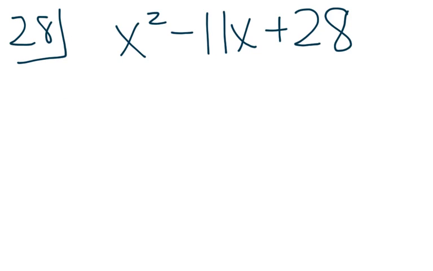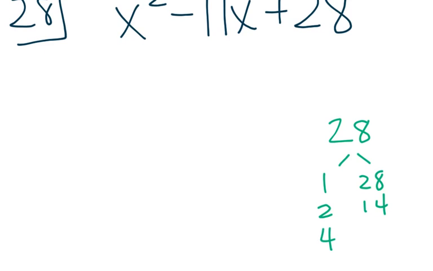Okay, last one, we have x squared minus 11x plus 28. So once again, we're looking at two negative numbers. So 28, we have 1 and 28, we have 2 and 14, and 4 and 7. So let's add these.